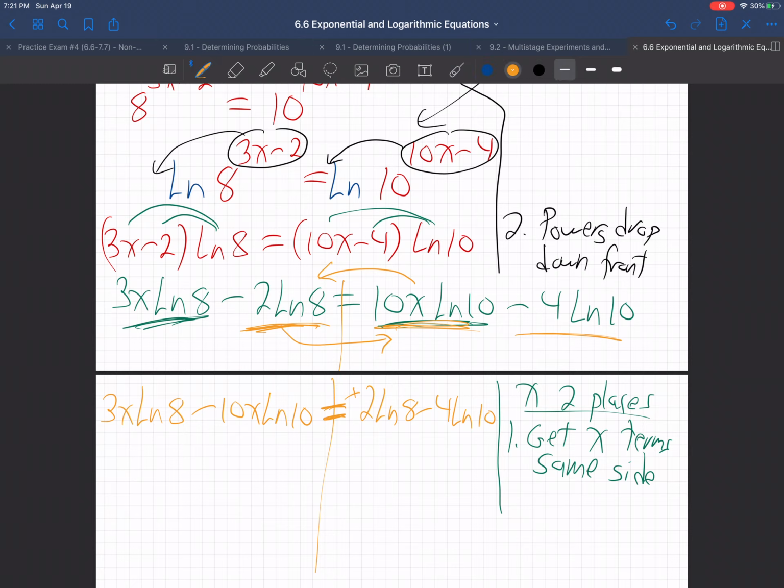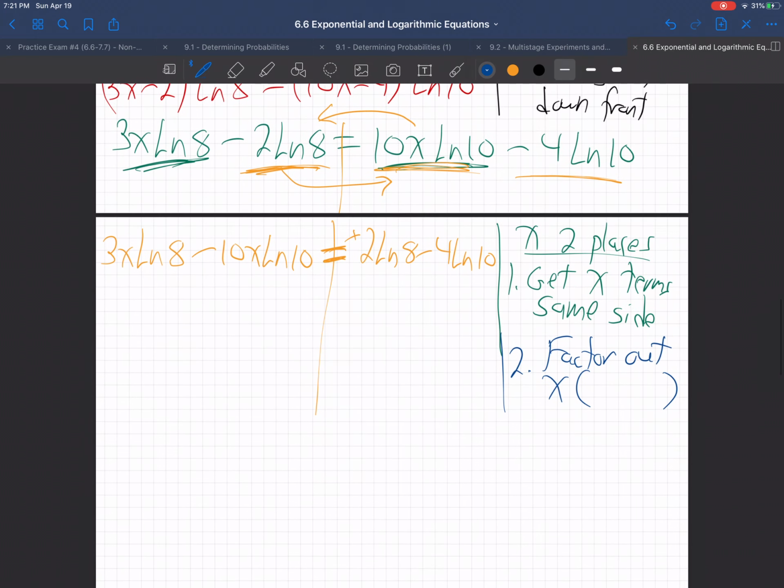Now we need to come on down here, and on step 2, factor out the x with a big old parenthesis. So take out the x. What does that leave? 3 ln 8 minus 10 ln 10 equals, and the other side hasn't changed.